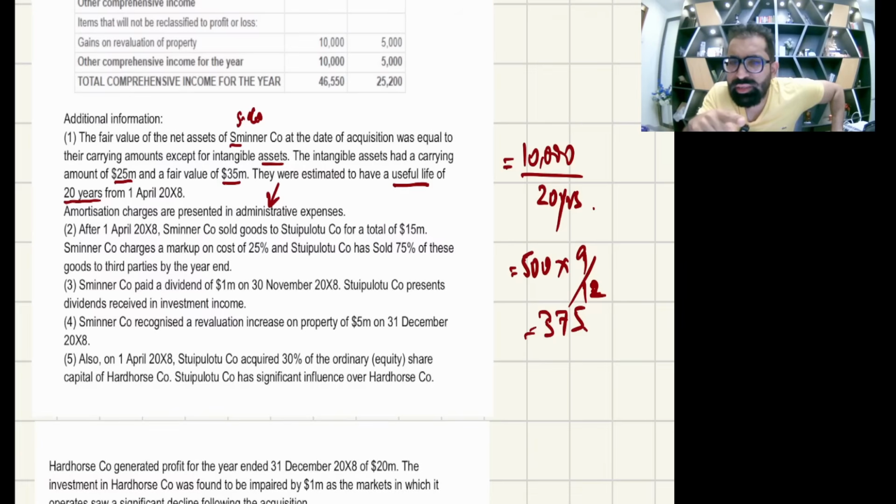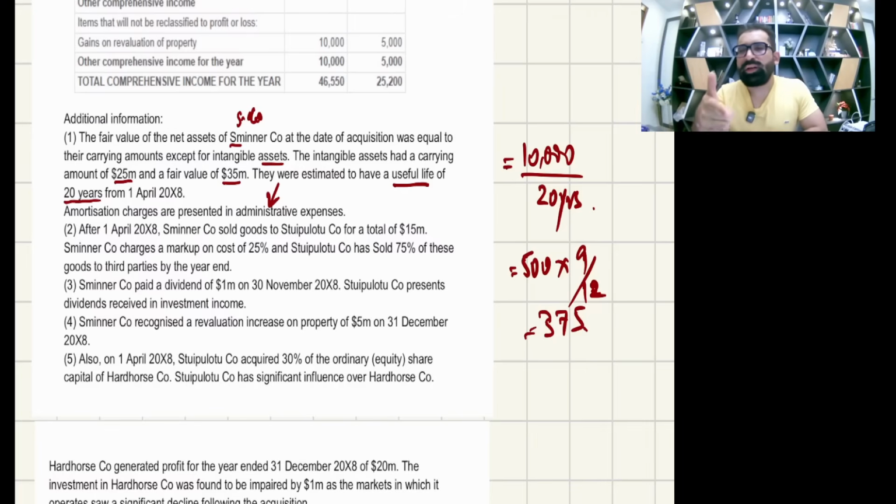But right now what they are saying, it will be adjusted in admin expenses. So do not adjust consolidated cost of sales. Do not touch consolidated cost of sales for this transaction, because the examiner has clearly stated. Now even the teacher cannot do anything, right?